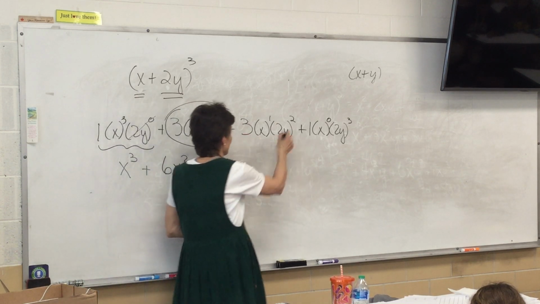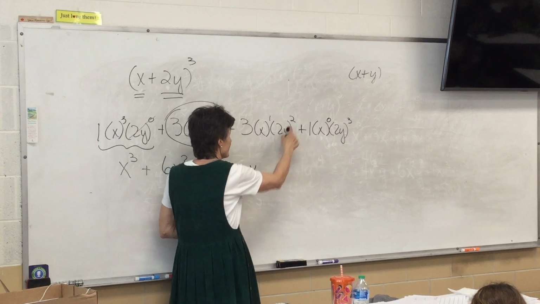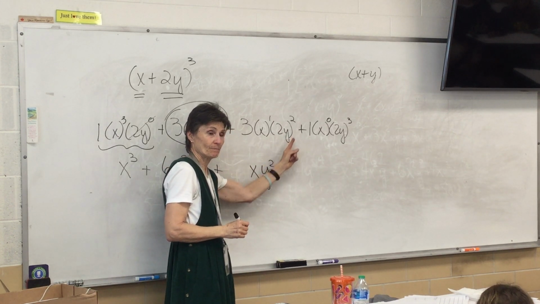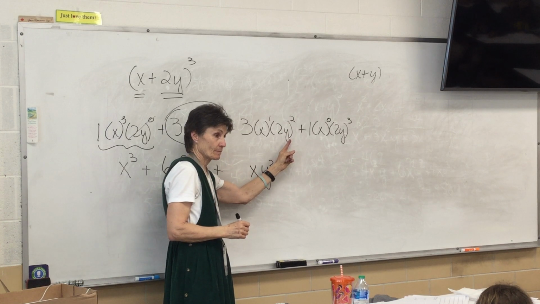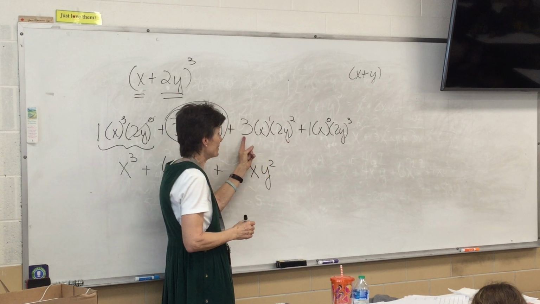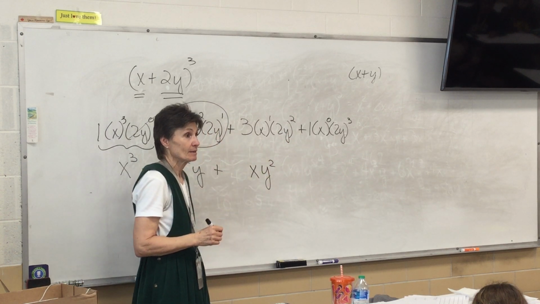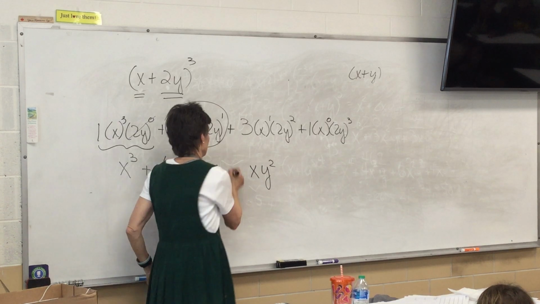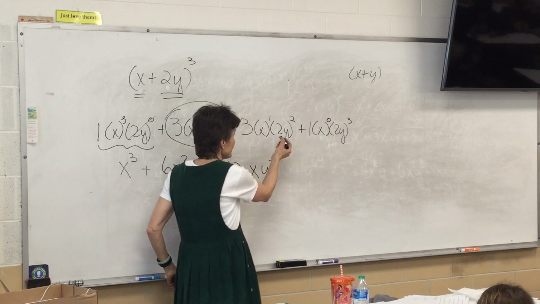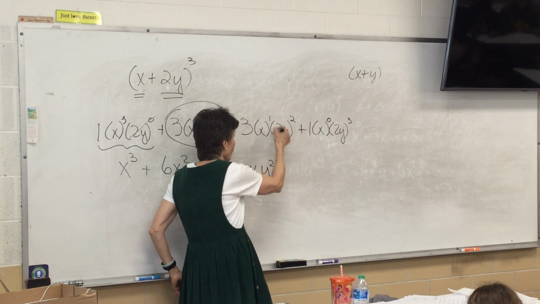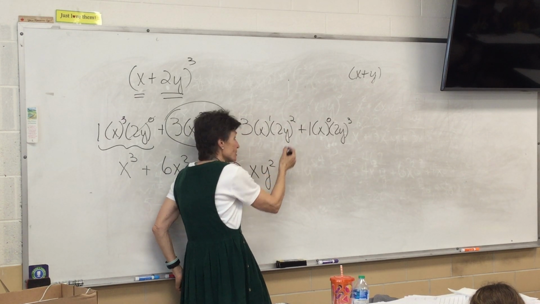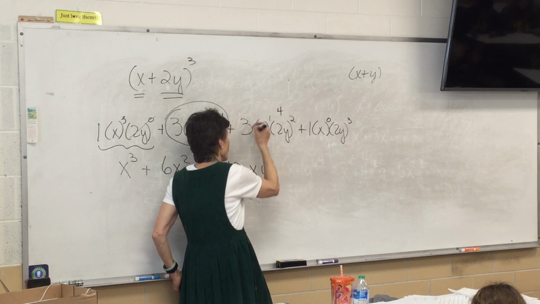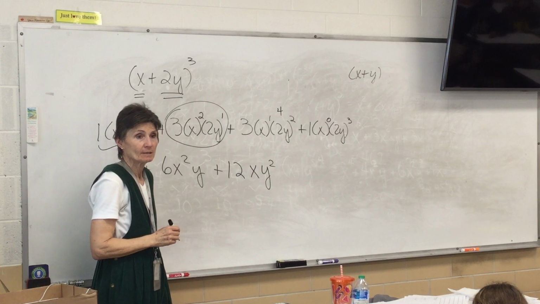All right, what about here? Well, I have x and y squared, right? Y squared. This one's not going to be 6. What's this one going to be? 12. Because see this 2y? The whole thing's getting squared. So what's 2 squared? 4. So I have 4 times 3, which is 12.